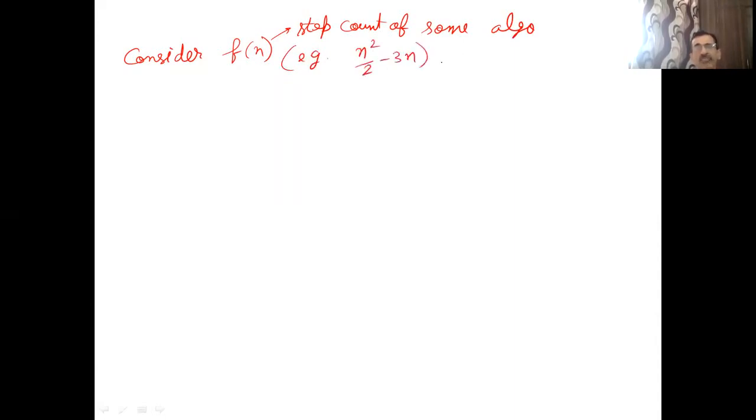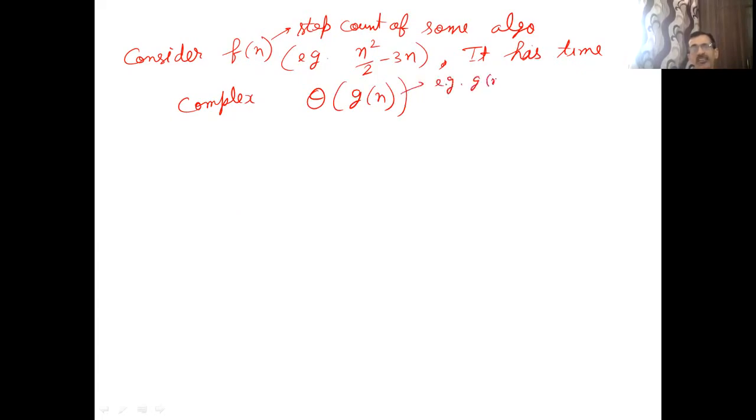I say consider f(n), it has time complexity theta of g(n). For example, for me, g(n) here is n square.